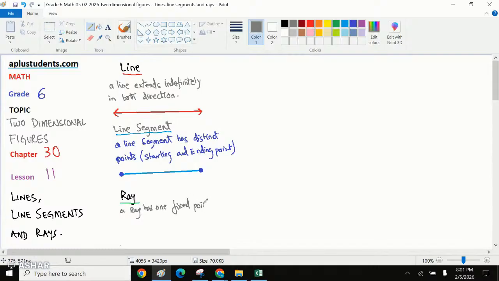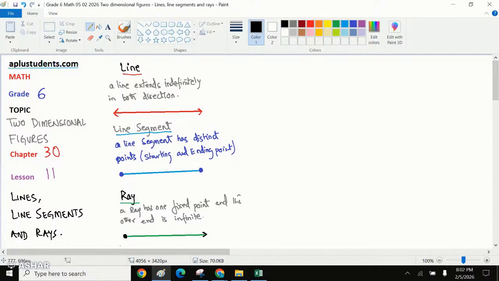That means it has a starting point, and the other end is indefinite, infinite. If I draw a line and we want to see the difference, the ray has one starting point and has an arrow on the other side.